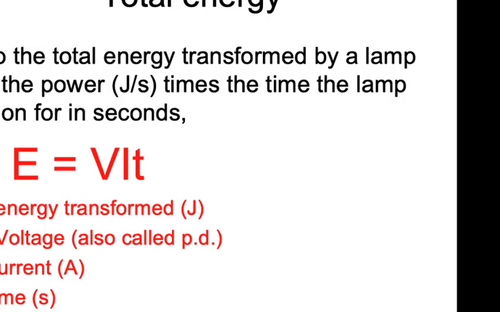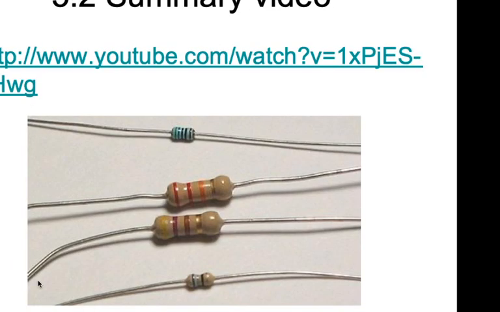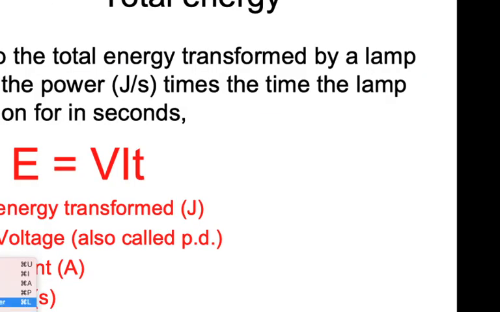Okay, so we got power in watts. Now we're moving to total energy, right? So energy needs to be just in joules. So we're going to have to take our power, which is joules per second, V times I, and we're going to have to multiply it by time, because this would give us joules per second.